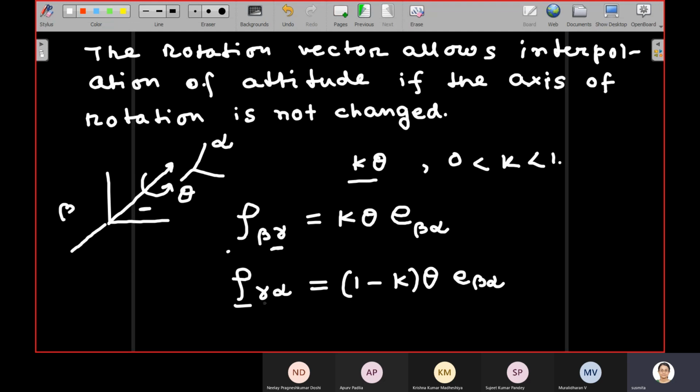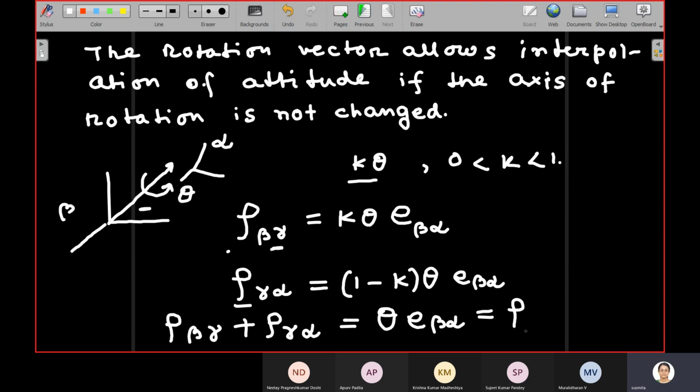So if we add these two, we basically have this one, which is nothing but the rotation vector from beta to alpha. Right? So our objective was to go from beta to alpha frame, but in between we could also represent the gamma frame. This is why it is said that it allows interpolation of attitude.